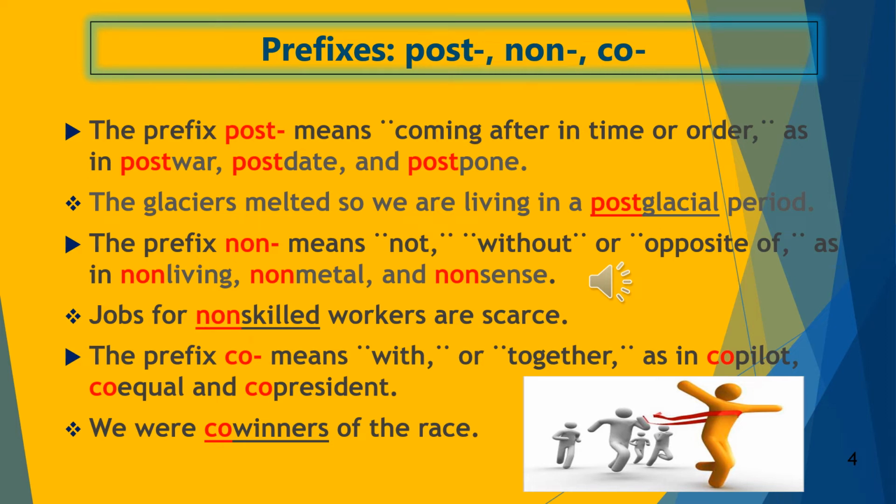So let's memorize all of this and make sure that you know how to use it and what the prefix means, and try to use them in a sentence. So let's move to the next page, page number 5, and there we are going to find more prefixes.